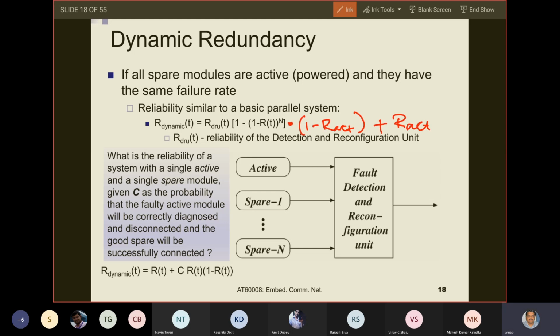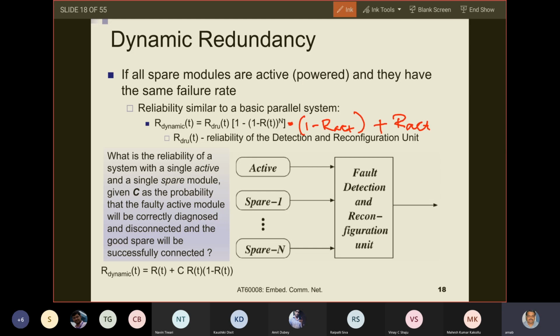Okay. So now let us look at it in a slightly different way. Let us say that you have this system, and your failure rate is lambda. The failure rate is constant. In that case, we know that when the failure rate is known, the reliability is given by e to the power minus lambda t.